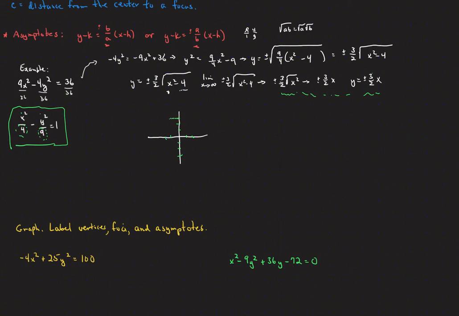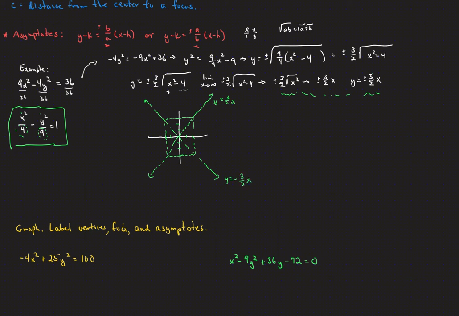Then I'm going to draw a little rectangle that has these sides that go through those points there. Then from that rectangle, going through the center, I'm going to draw these straight lines that are going to be our asymptotes. And that one is y equals 3/2 x. And the one that goes through the other diagonal is going to be y equals negative 3/2 x.